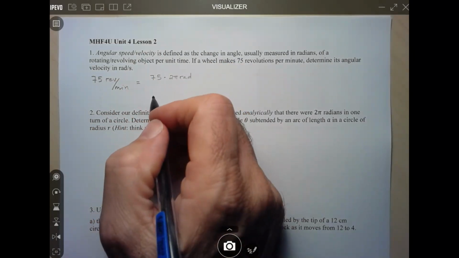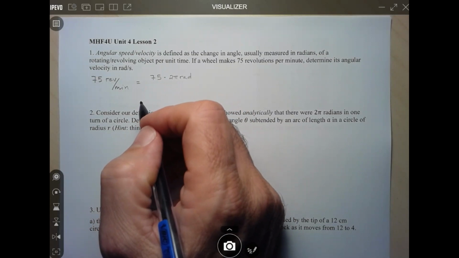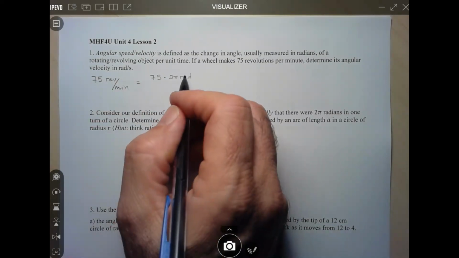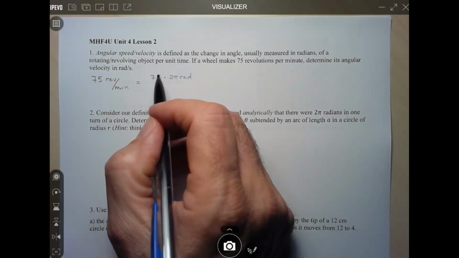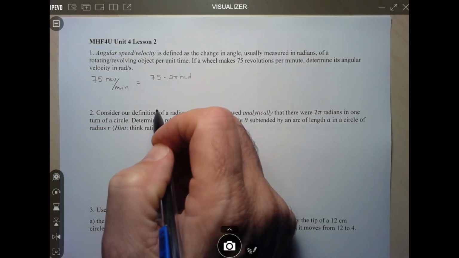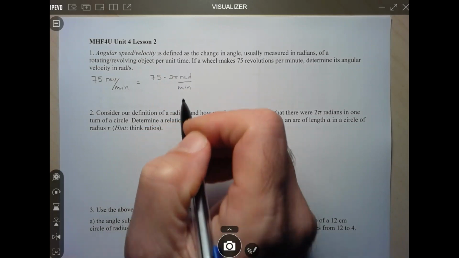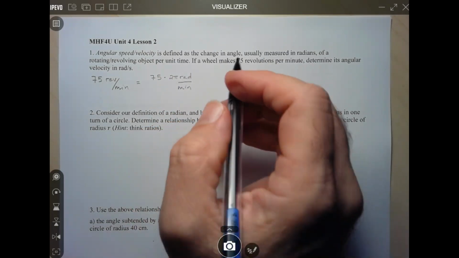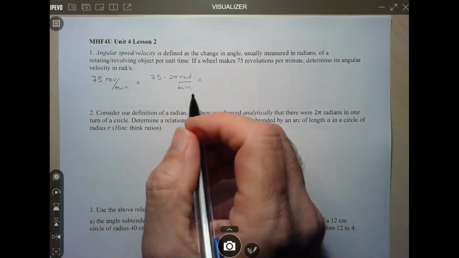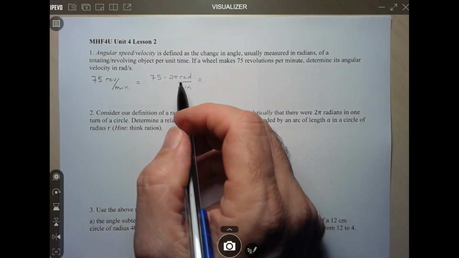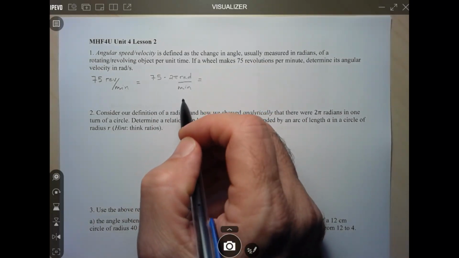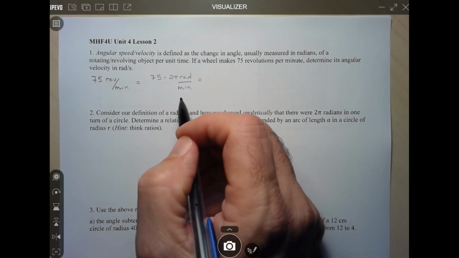So this is how I change revolutions into radians. I just multiply the number of revolutions by the angle in each one, which is 2 pi radians, and of course this is in 1 minute. But now we know that we don't want to know the number of radians in a minute. We want to know radians in seconds.